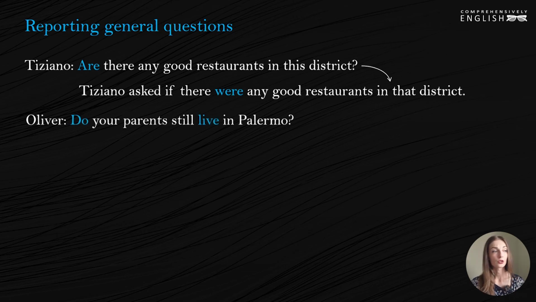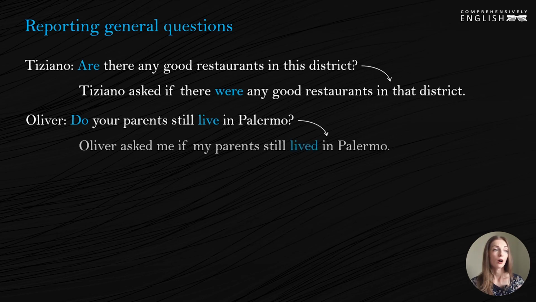Oliver, do your parents still live in Palermo? Oliver asked me if my parents still lived in Palermo. We disposed of do here, and we replaced the present simple tense with the past simple tense.